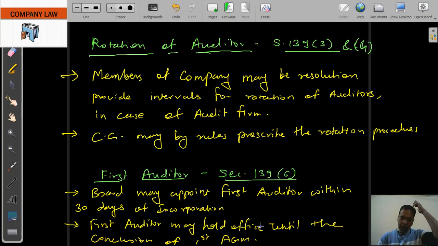So the first auditor can be appointed by the board of directors, and then the company will conduct the AGM, and that particular auditor may hold office till the conclusion of the first AGM.